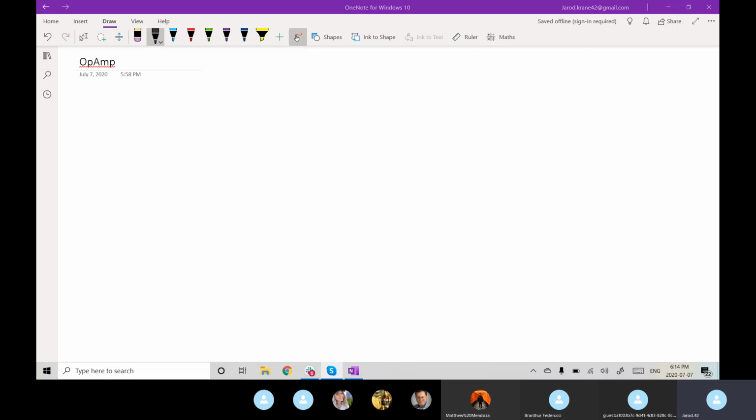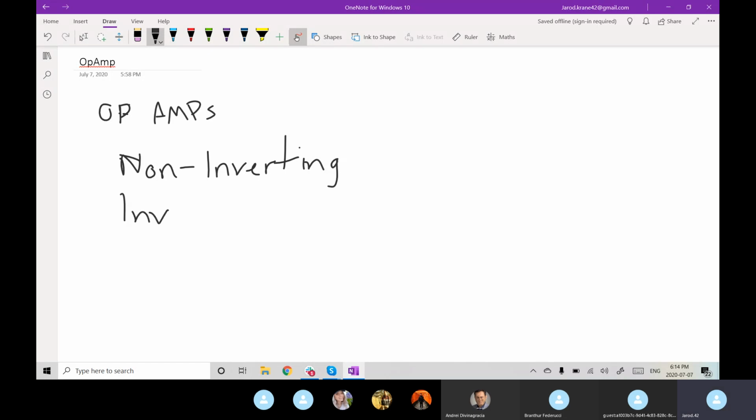So for today, we'll be looking at OpAmps, going through the few different configurations, being the non-inverting, inverting.